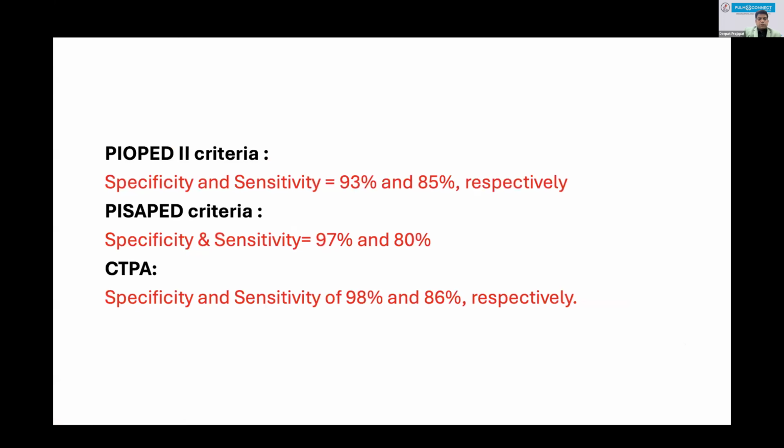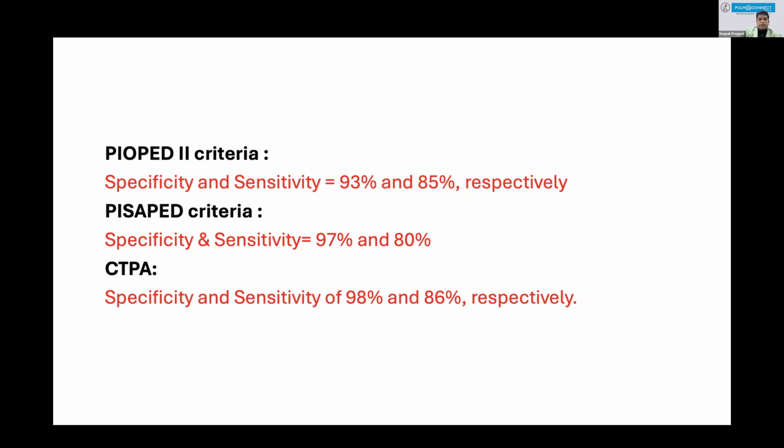Now talking about the specificity and sensitivity. When we use the PIOPED 2 criteria in those patients where the pre-assessment using the Wells score is in the intermediate or high category, and PIOPED 2 showed high probability, the specificity is 93% and sensitivity is 85%.